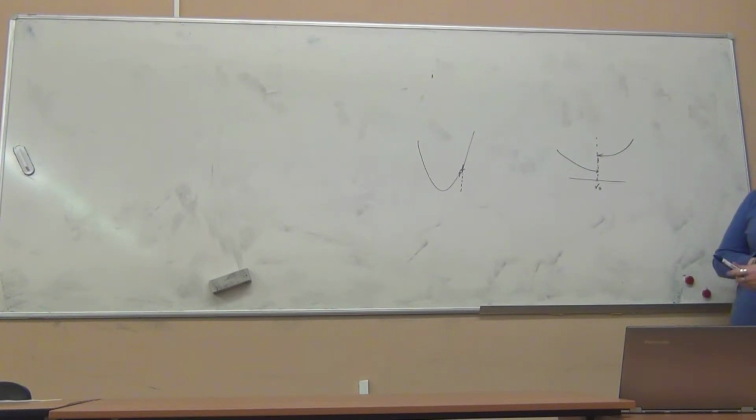The formula states that there's a hole, so let's add to the definition of that function: f of 3 equals 12. The discontinuity can be removed.